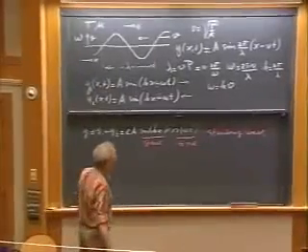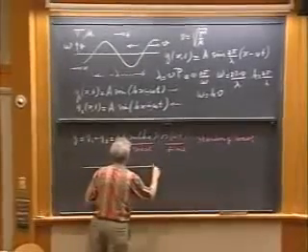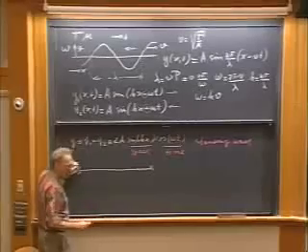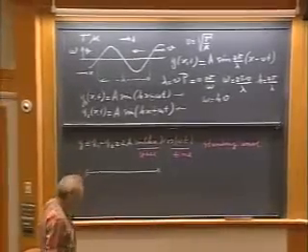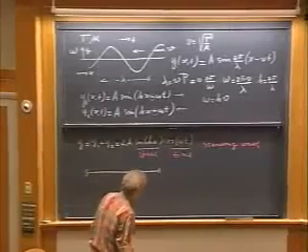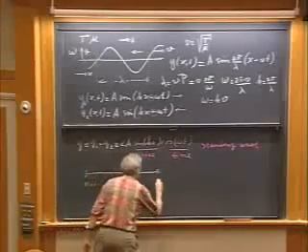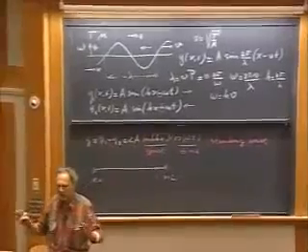Now, I'm going to make the string fixed at this end, and fixed at this end, and I may shake it a little bit here. You will see a demonstration of that. And now, at this x equals 0, and at this x equals L, I have boundary conditions that I have to meet.